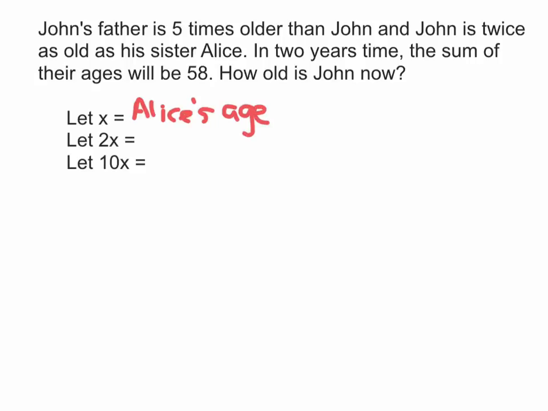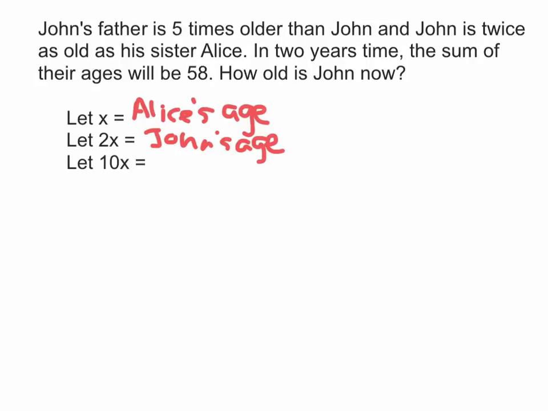Okay, John's father is 5 times older than John. Okay, so we need to figure out how old John is. John is twice as old as his sister Alice. So 2x would have to be John's age. John's father is 5 times older than John.